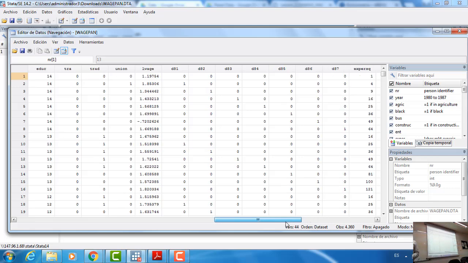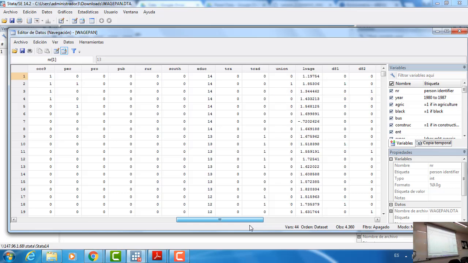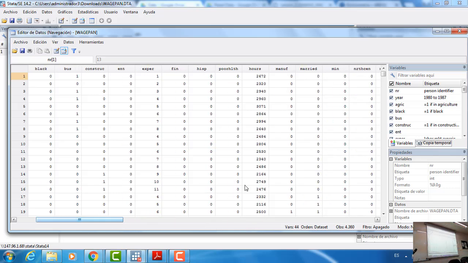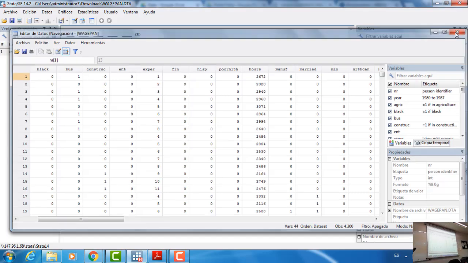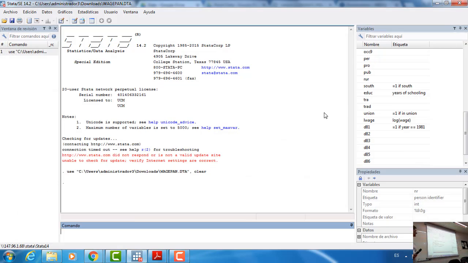Do you have any questions so far? So let's get out of the editor and go to see the main points. Here we have the main explanation of the variables. Then we have here the output window, here the command window, and here the variables window. These are the four main windows of the data set.